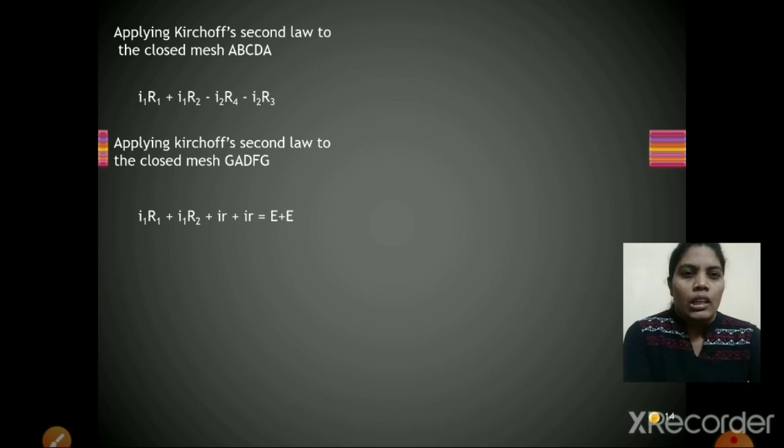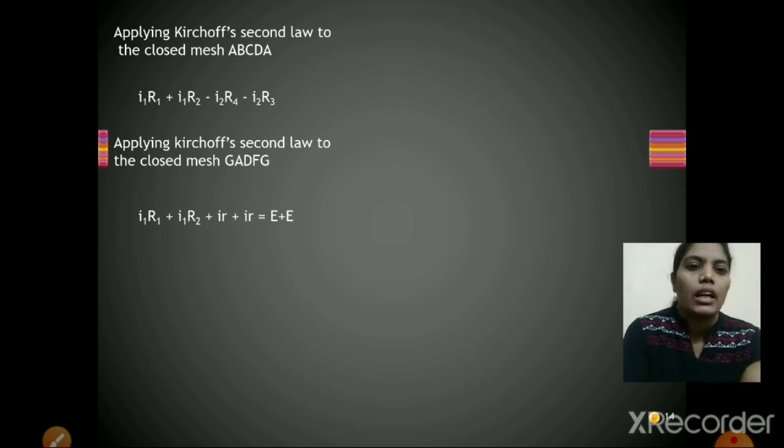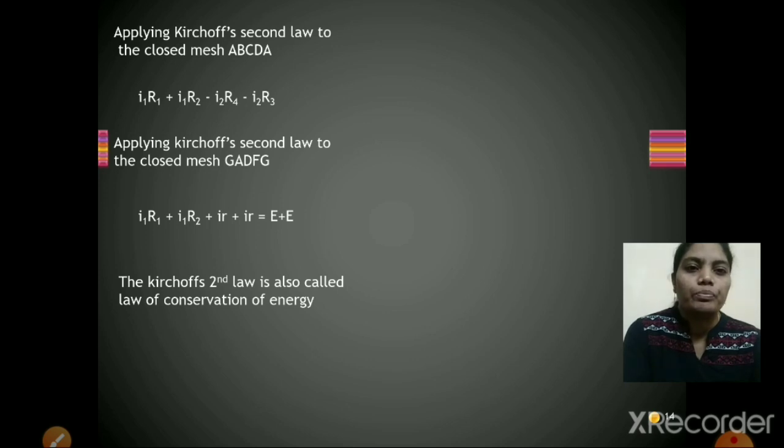direction. Now applying Kirchhoff's second law to the closed mesh GADFG, there we have E1 and E2. So I1 R1 plus I1 R2 plus IR plus IR, that is the potential difference across the batteries, is equal to E1 plus E2.